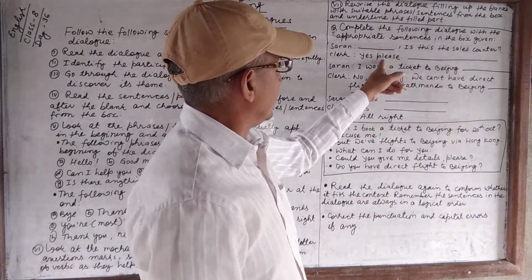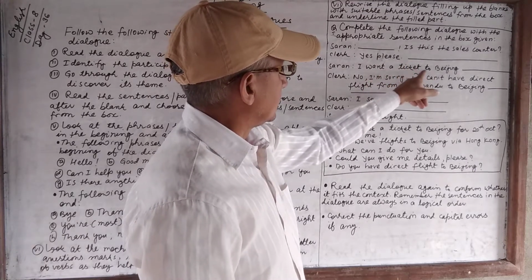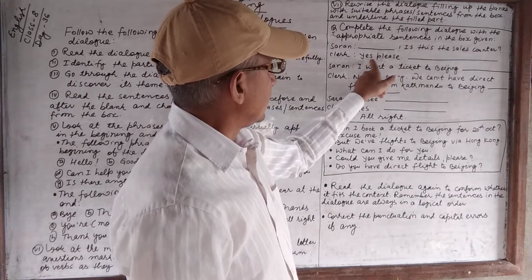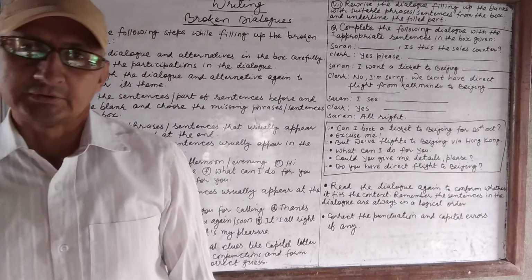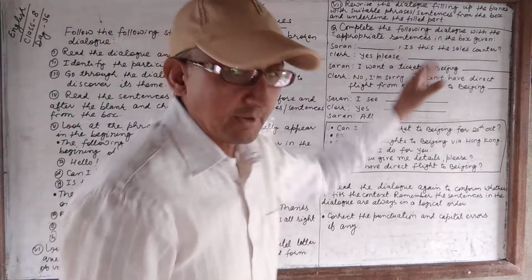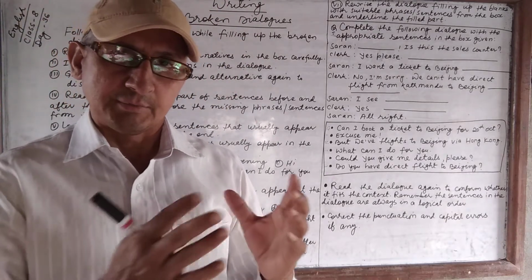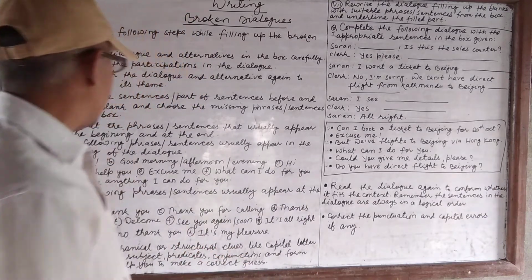Suppose in this example, the sentence after the blank is "I want a ticket to Beijing", and the sentence before the blank is "Yes please". To fill up the gap, you have to read the sentence or part of the sentence before the blank and after the blank.